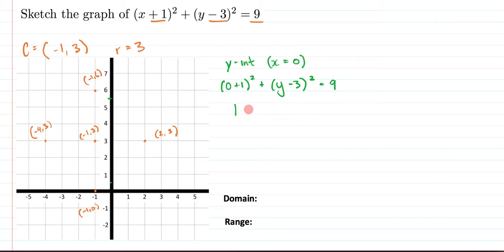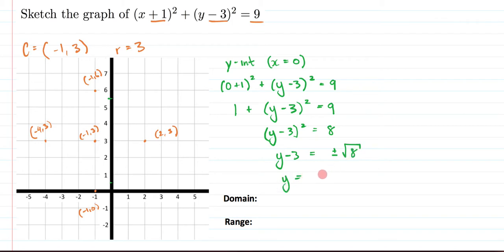I'm going to get 1 here. Y minus 3 squared equals 9. I'm going to minus 1 from both sides. 8. Then going to square root both sides. I'm going to get plus or minus the square root of 8. Then I'm going to plus 3 to both sides.